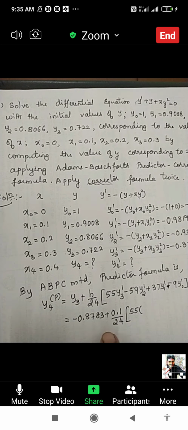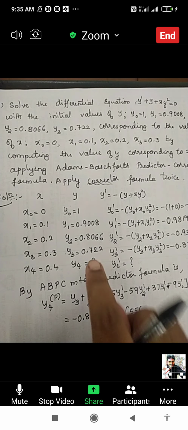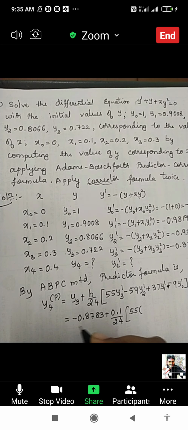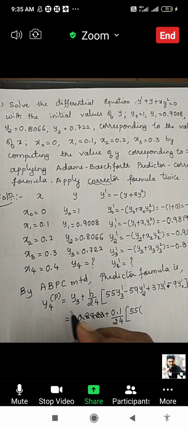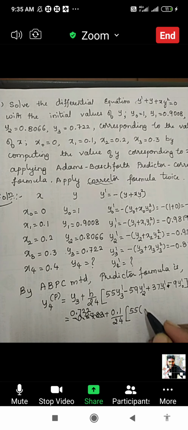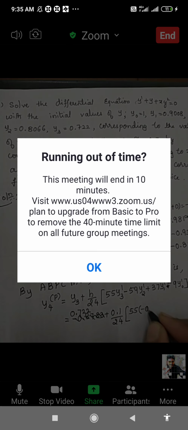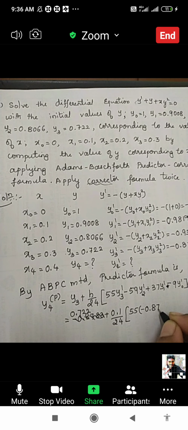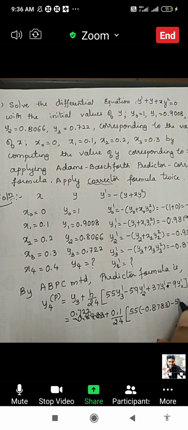This as well as Milne's. Okay. This is 0.722. Okay. 55 into minus 0.8783 minus 59 into 0.9367.